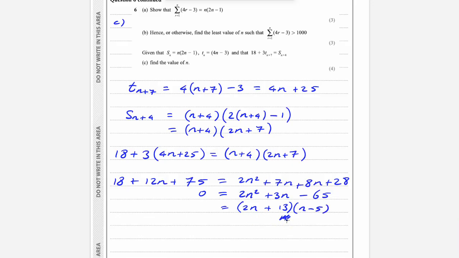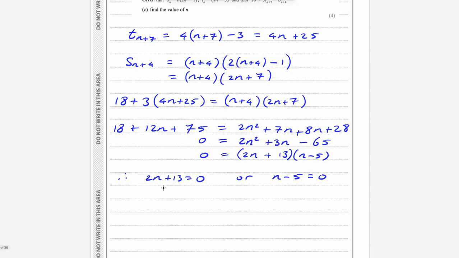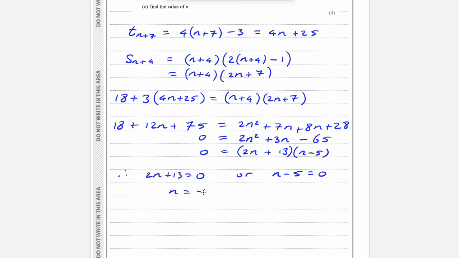That's not the way I've taught most people, but just do it however you want. But these are the factors. So therefore, 2n plus 13 equals 0, or n minus 5 equals 0. This means n is negative 13 over 2, and this means n equals 5.